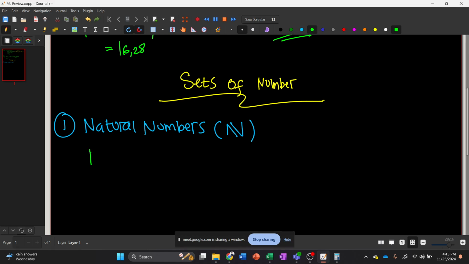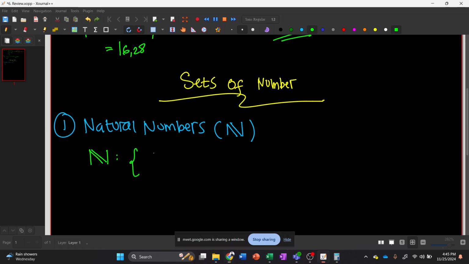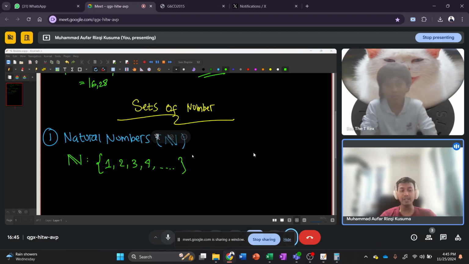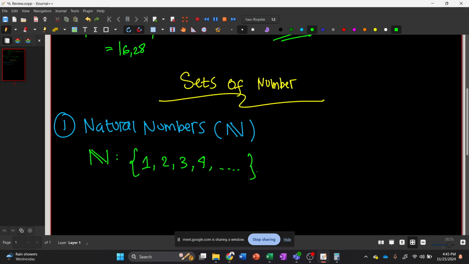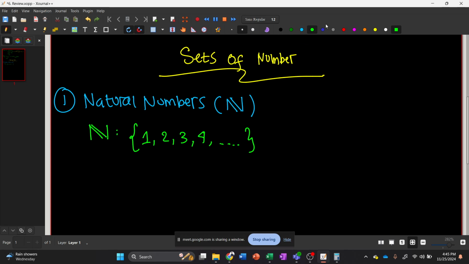Natural numbers, if I remember, are like 1, 2, 3, 4, 5, and so on, right? Is zero also in natural numbers? No.